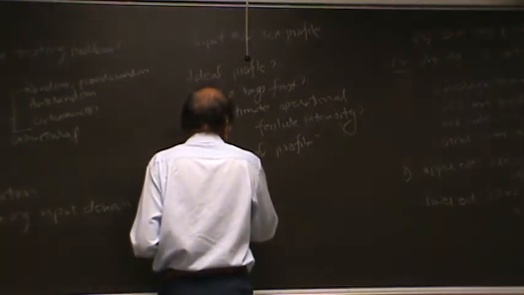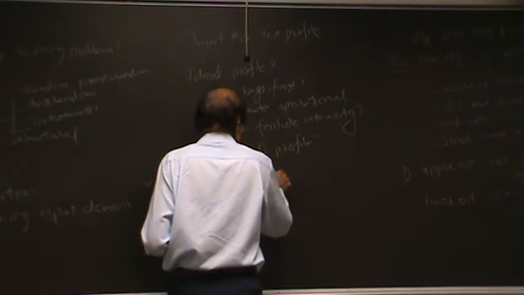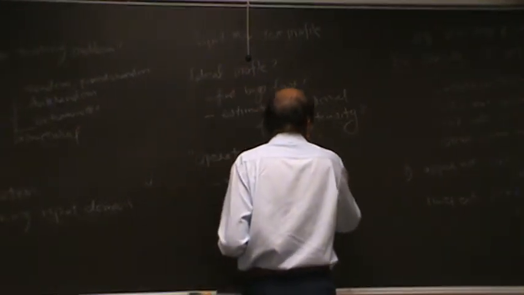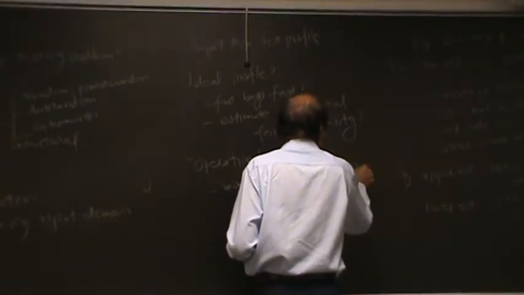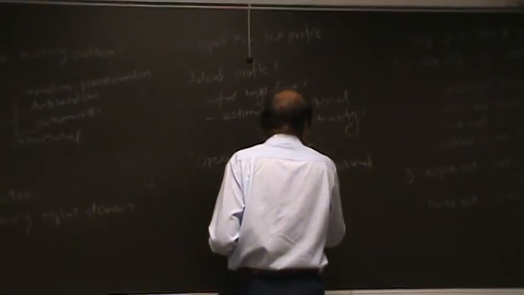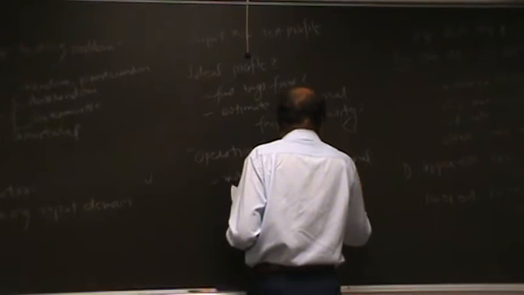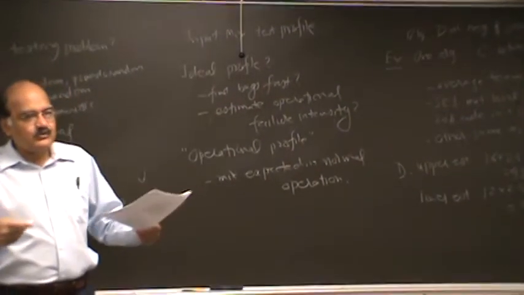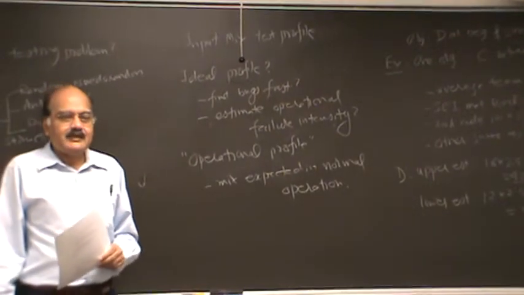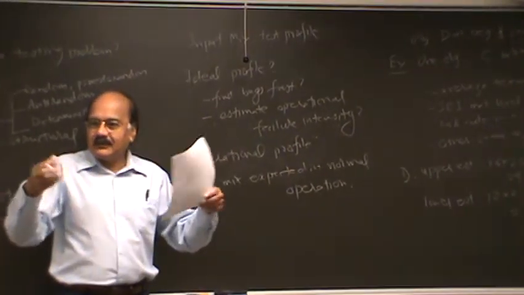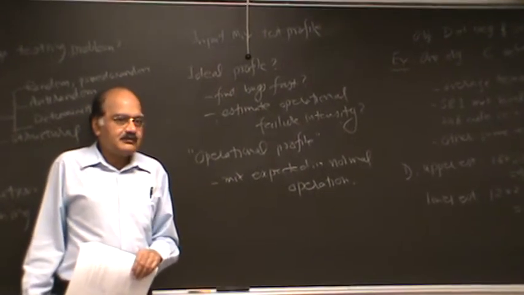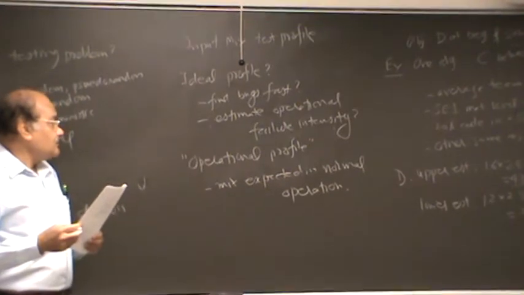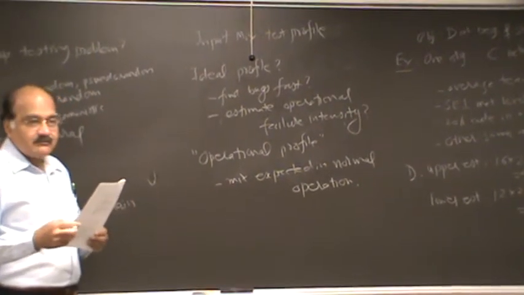So this is the mix expected in normal operation. So is this what you should do? Find out how the software is typically used and apply inputs that kind of represent typical operation. What do you think? Is that going to help you find the bugs fast?